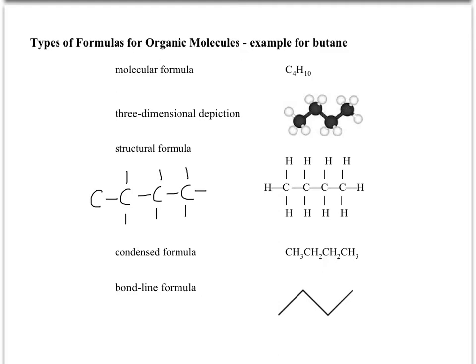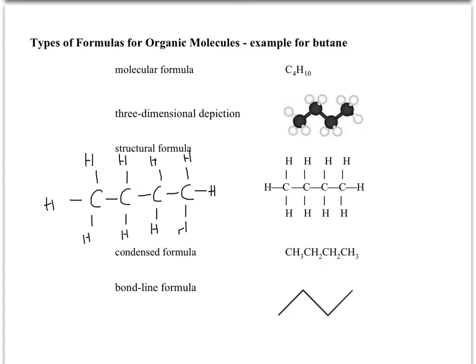The carbon next to that has 1, 2, 3, 4. And then you can just go around and put the hydrogens in, and that should work out to be 10. So you want to use that rule that the carbon has to have 4 bonds, and in the case of butane, they're all going to be single bonds.